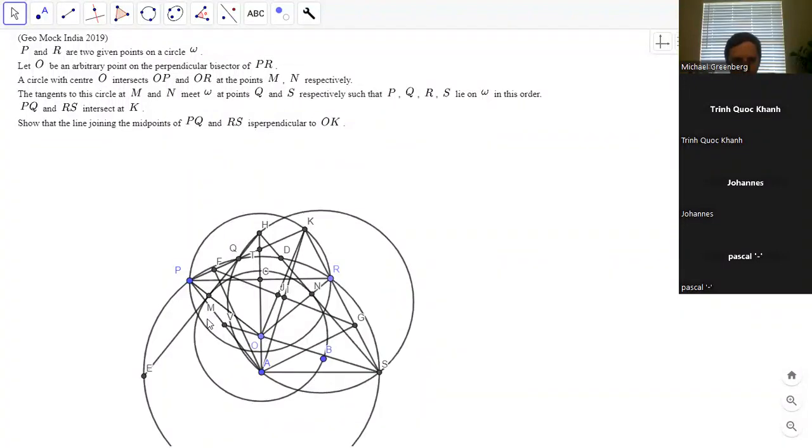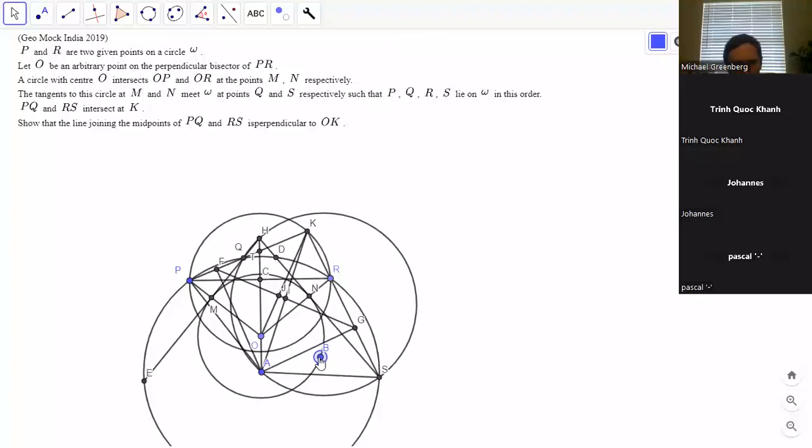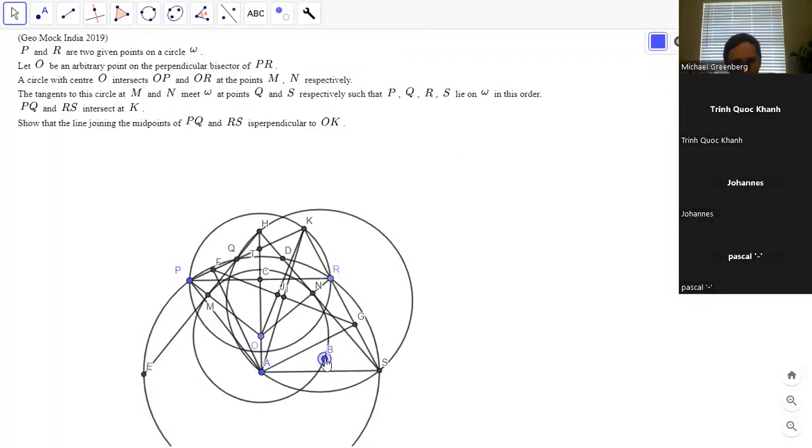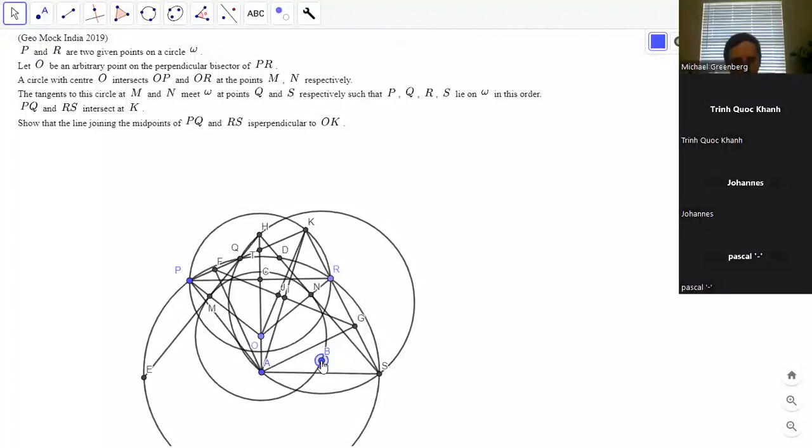That's really interesting. Is C the center of the circle or not necessarily?